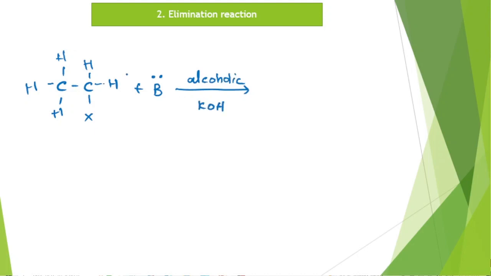What you are going to get is, listen here, this H will go out with Br, and this X will go out separately, and you will get a double bonded carbon system here.